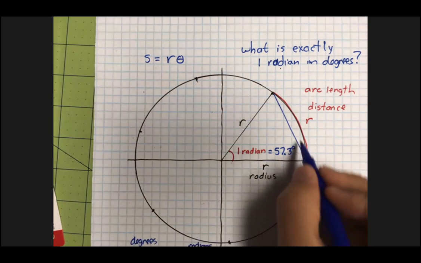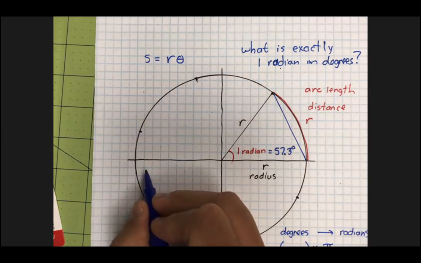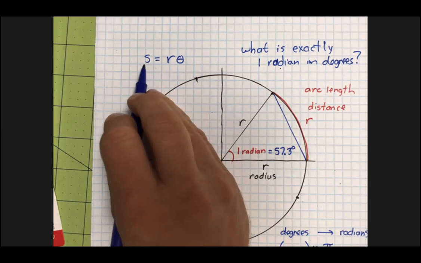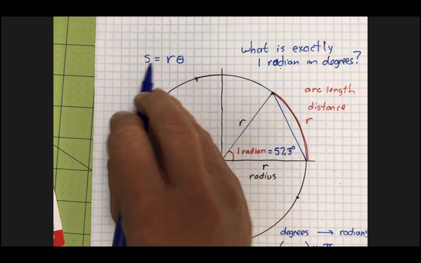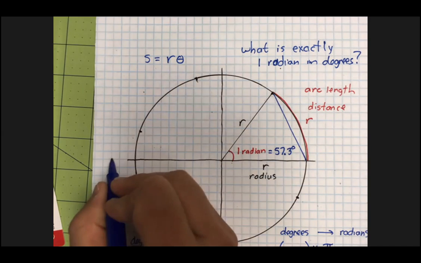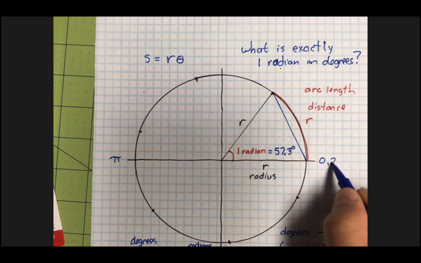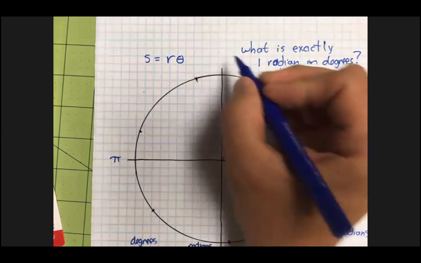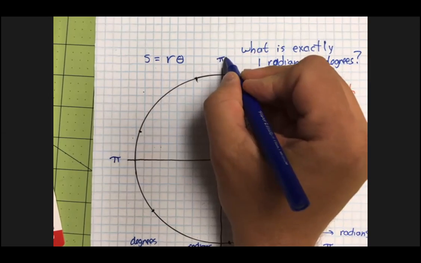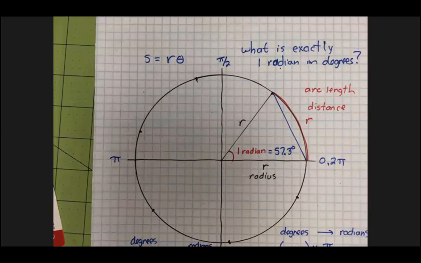So halfway around the circle would be pi times r. That means the angle here would be called pi. 0, 2 pi, and then we labeled these other sides last time as well. Pi over 2. This angle we'll call 3 pi over 2.